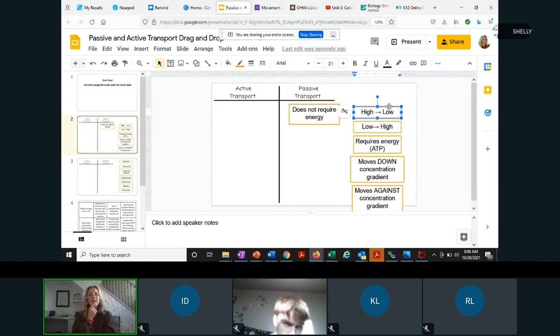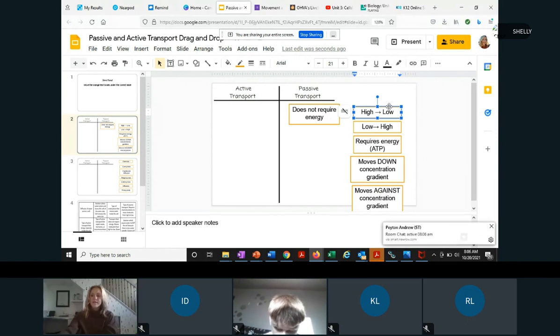What about "molecules move from high to low"? Which one is that, active transport or passive? They're moving from an area of high concentration to an area of low concentration. Passive is right.